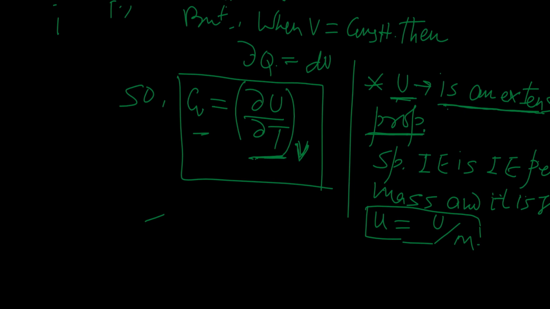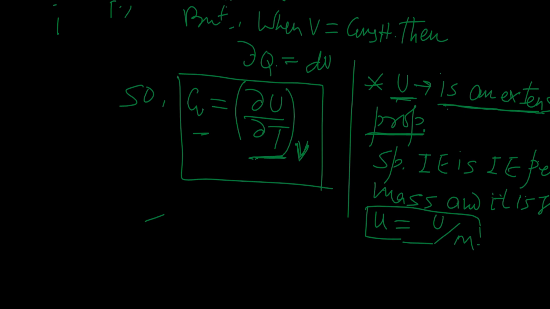Whenever we consider any extensive property, we definitely define a specific value of that property. A specific value means the property defined for unit mass, just like specific heat, specific latent heat. As the internal energy of a system depends on the mass of the system, it is defined for unit mass of the system.